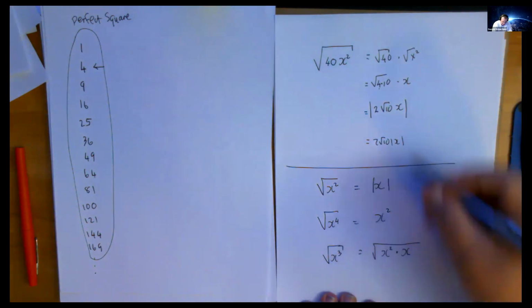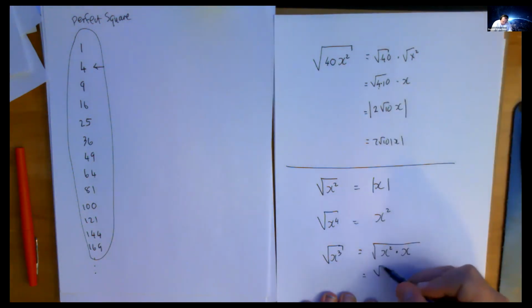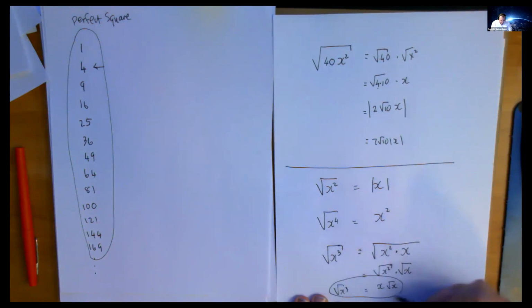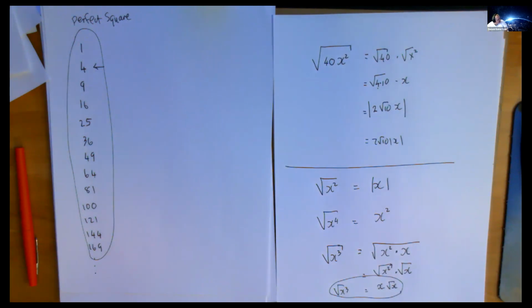Now, just like I did with the numbers, can't I separate this out into the square root of x squared times the square root of x? But won't the square root of x squared become x square root of x? And although you might not think it, that is the simplified version. We've reduced the x cubed to an x, so therefore it's a smaller square root.